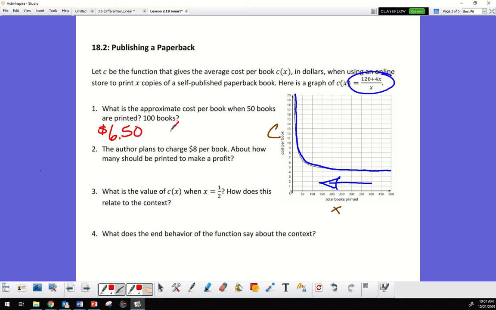So per book. And what about this other one? What about 100 books? $5.25. Okay. Let's say $5.25.